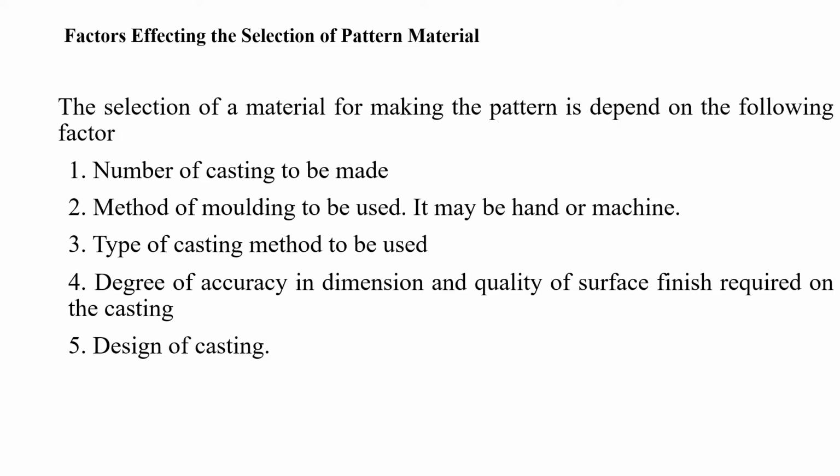We need to consider whether the material will give us a high degree of accuracy in dimension and surface quality. We also need to consider the design of the casting, and whether the material will complicate making our desired casting shape.